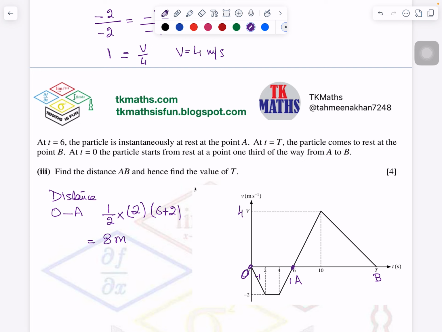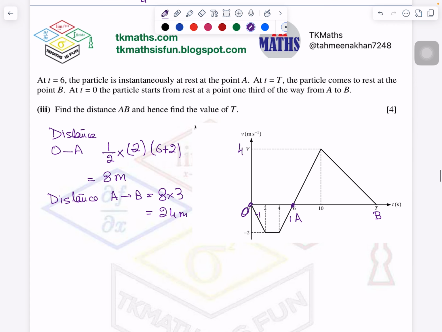So similarly, distance covered from A to B is equal to 8 times 3, because this is 1/3, so that is 3 times of it, so 24 meters. After that, it is very easy to calculate T. Let me call this base small t.